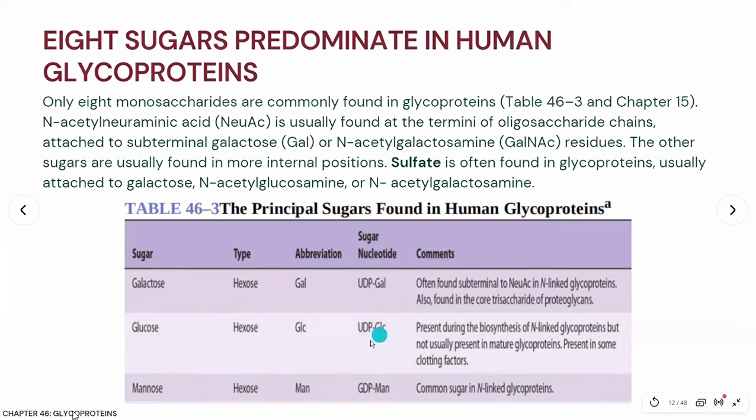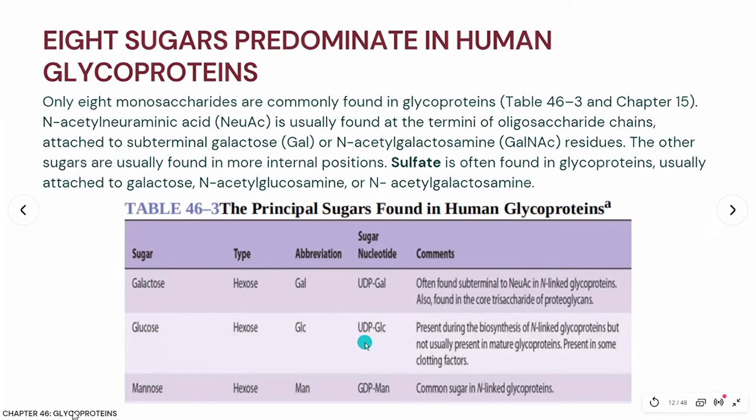Its carrier is UDP-glucose, present during the biosynthesis of nitrogen-linked glycoprotein, but usually not present in mature glycoproteins. They are also present in some clotting factors. Okay. Mannose. You have here GDP.